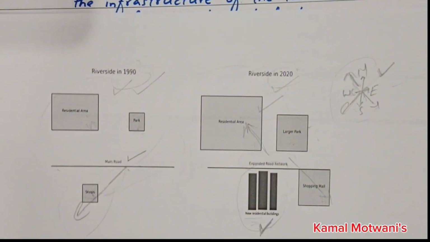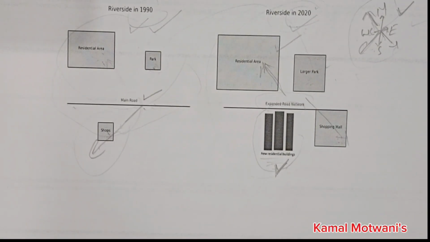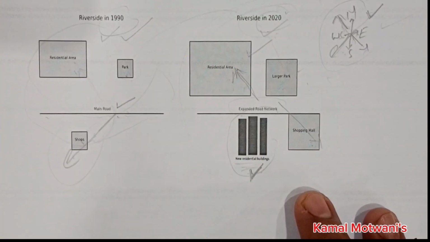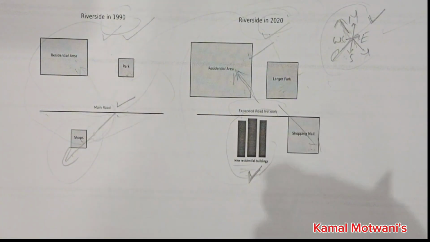This is how the maps are described and narrated in paragraph format. These are very easy, you merely need to know what tense we use in these. You see, these are both in the past, so we use past tense.